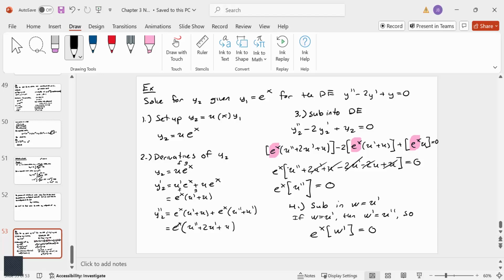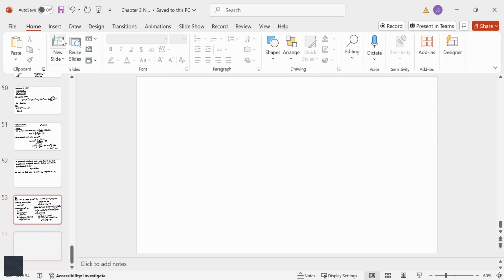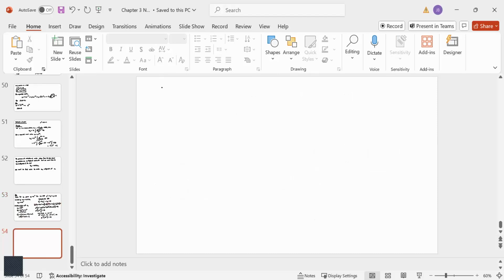Now, why would I want to do this? Because if you think about this in a logical way, which again, who would have, you can actually manipulate the equation to the following. So you have e to the x, w prime equals 0.